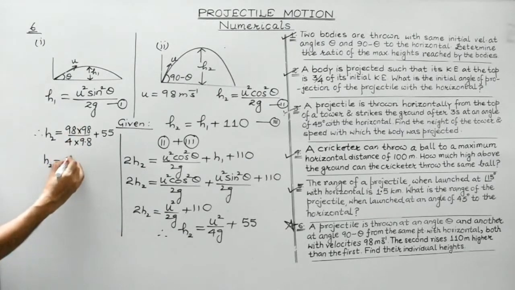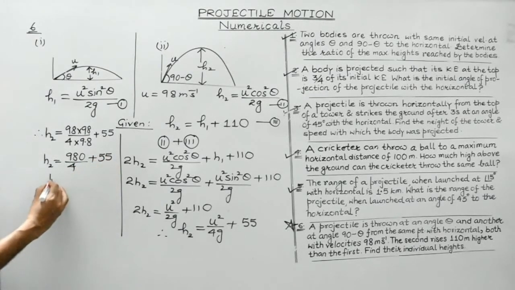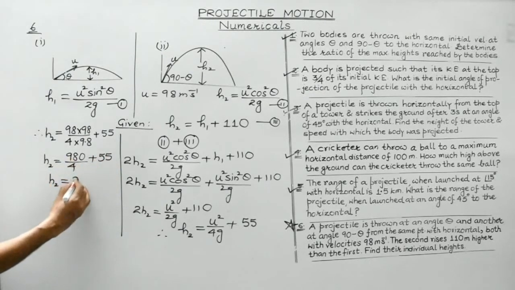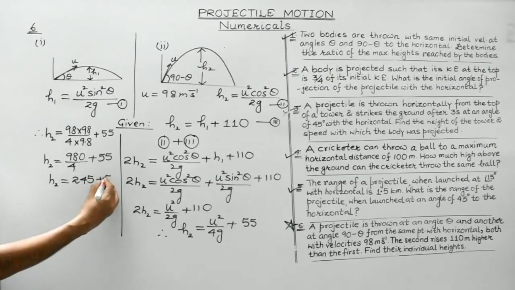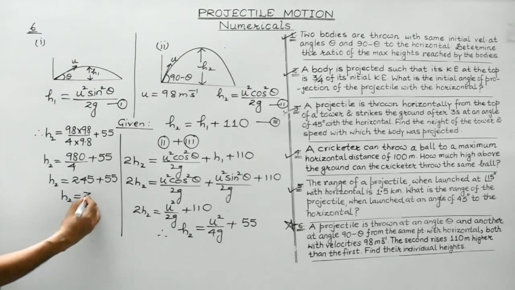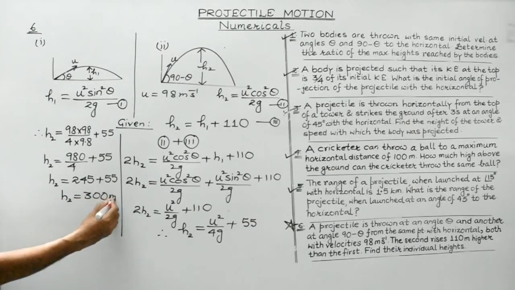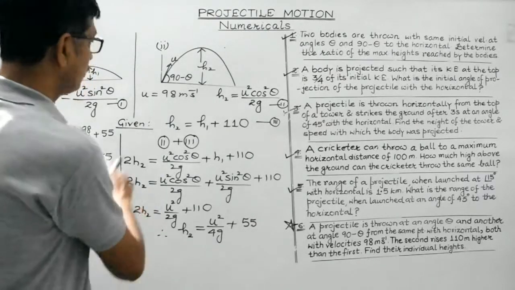It will be 980 divided by 4 plus 55. So that in turn gives us 245 plus 55. So H2 is found to be 300 meters. So the second projectile has attained a maximum height of 300 meters.